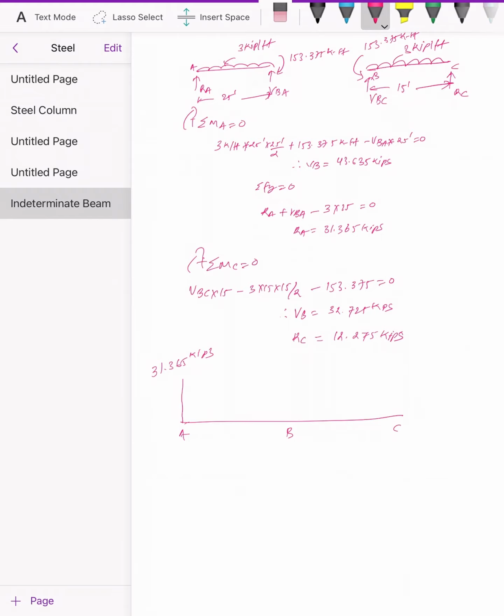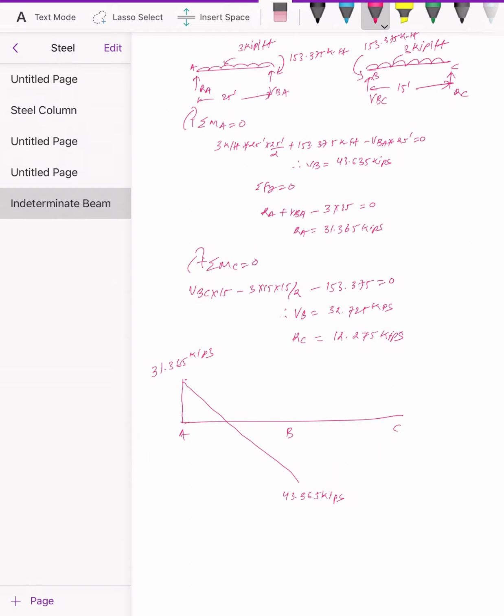Because of the 3 kip per foot UDL, it will push down 3 kip for every foot, so we get a line like this. And this equals 31.365 minus 3 times 25, which gives us minus 43.635 kips.